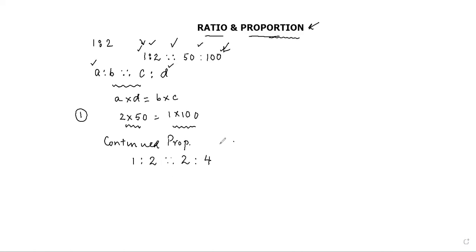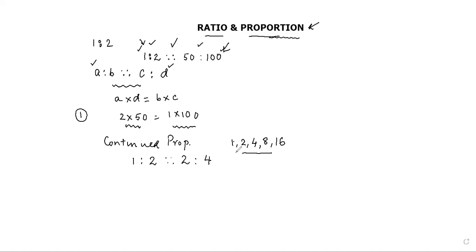So if I say 1, 2, 4, and then 8, 16, all these are in continued proportion.